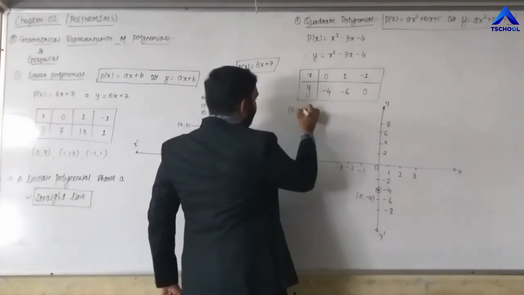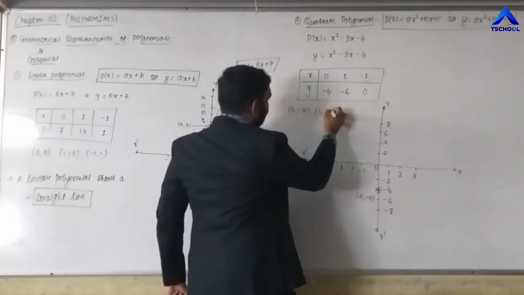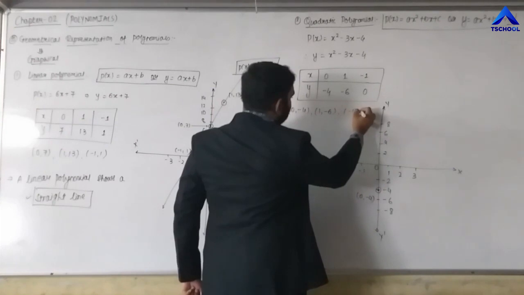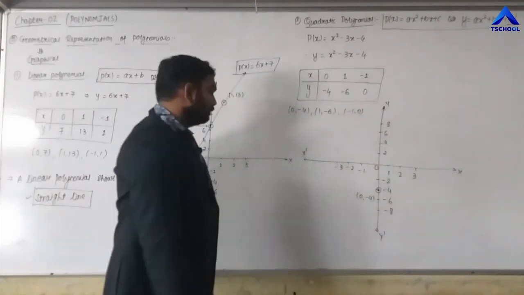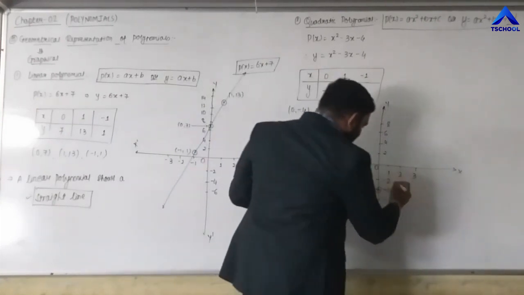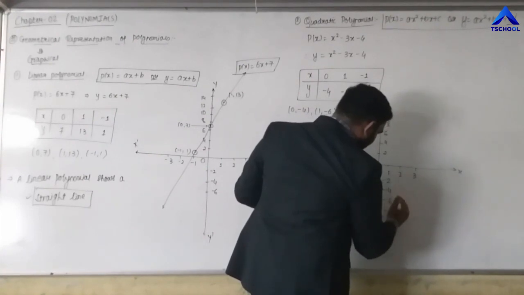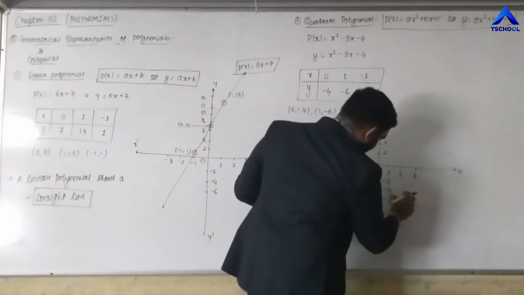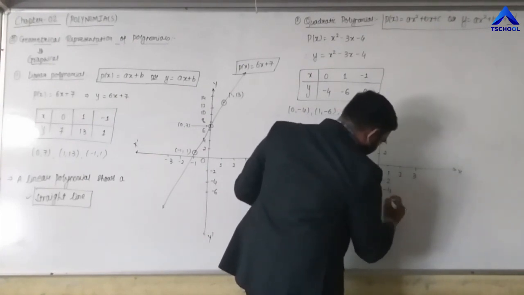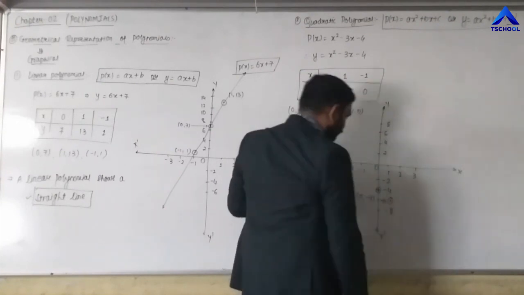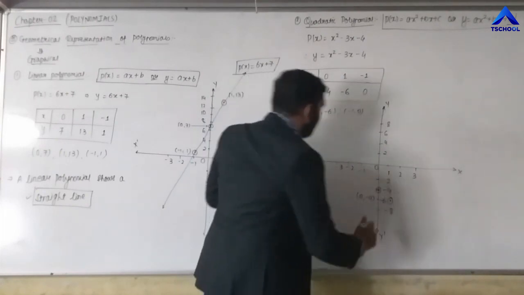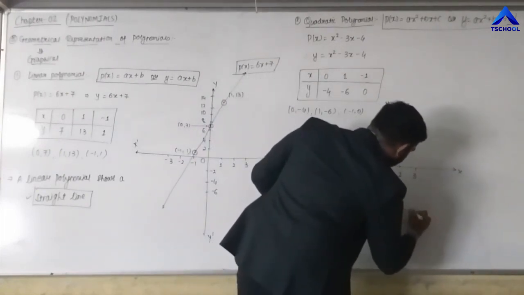So we got the ordered points 0, minus 4, 1, minus 6 and minus 1. Okay. On 1 I am having minus 6, so that is 1, minus 6 somewhere here. Right, that is 1, minus 6.